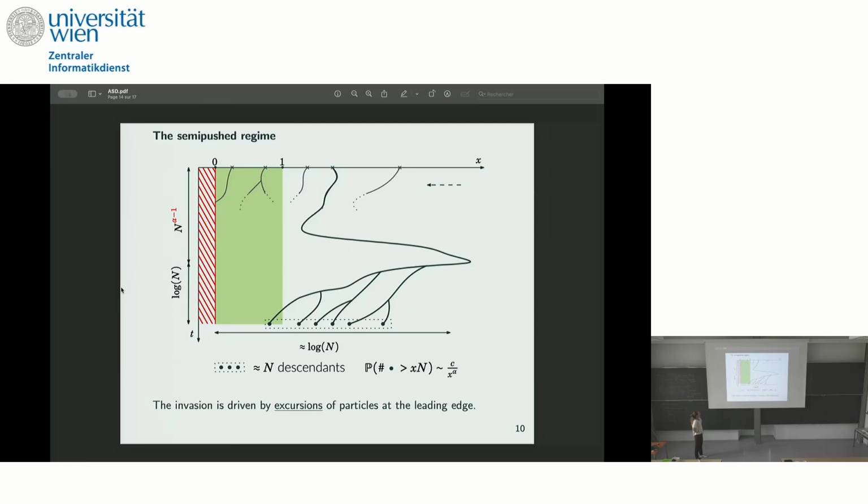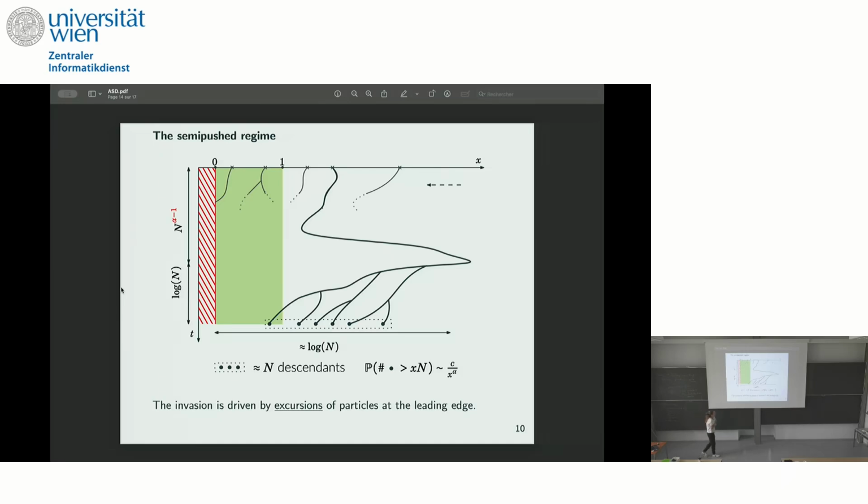And when these particles are drifted back to zero, since the growth is exponential, they will produce of order N descendants. And this will generate a jump in the scaling limit. And these excursions, you can see them on the timescale N to the alpha minus 1.